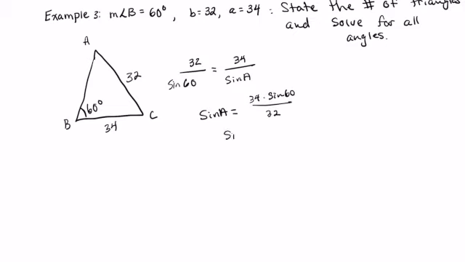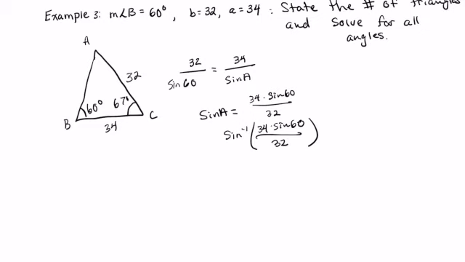I'm going to take the inverse sine of that. And when we do that, 34 times the sine of 60 over 32 gives us 66.94. And so we'll call it 67 degrees.